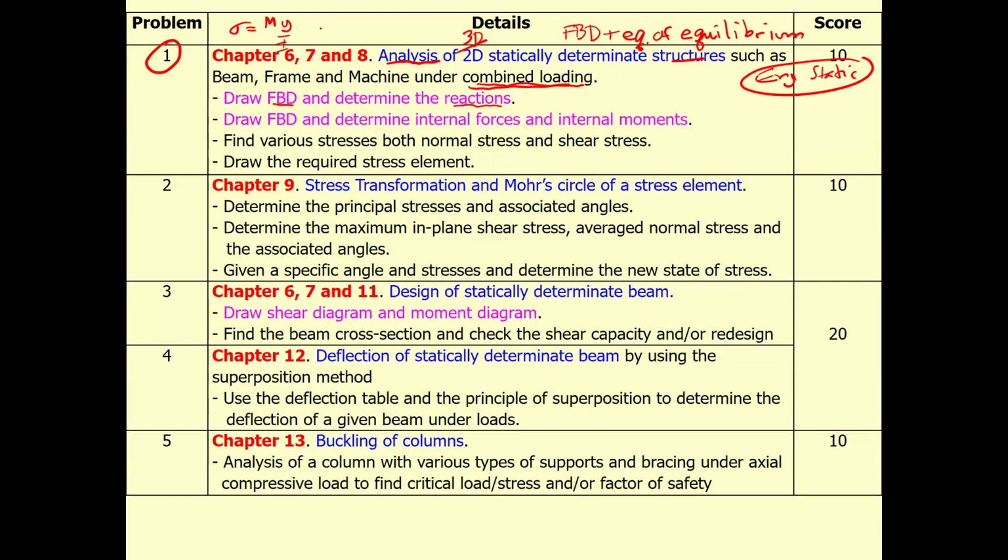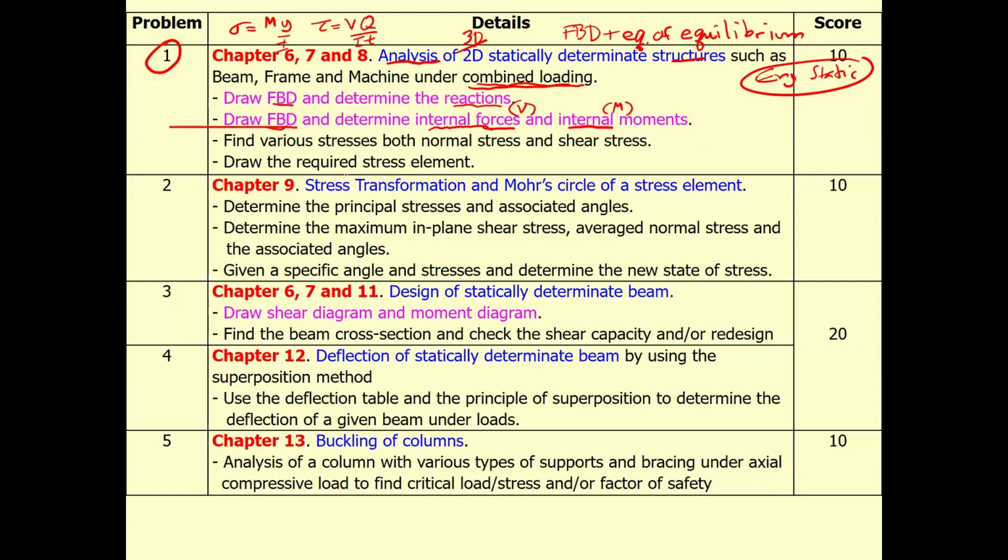And for chapter 7, you have tau equal to the internal shear force times Q over I t, that is, VQ over It. So it requires you to draw the free body diagram and determine the internal forces, for example the internal transverse shear force and the internal moment, the bending moment.